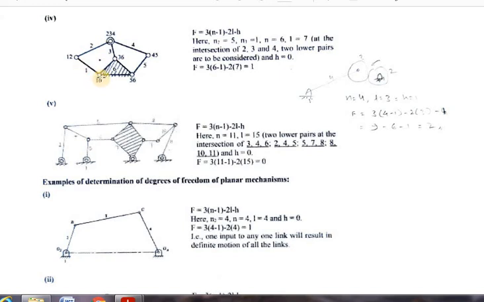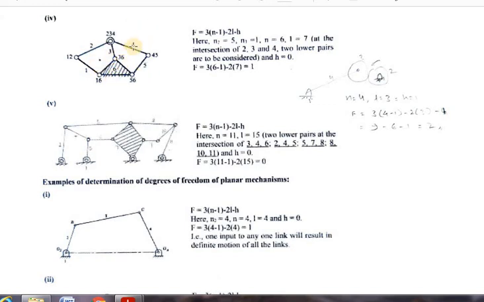To recap: 1 connects 1 and 6, 2 connects 1 and 2, the one connecting 2, 3, 4 we need to count as 2, so totally 4. Then the one connecting 4 and 5 is 5, the one connecting 5 and 6 is 6, and the one connecting 3 and 6 is 7.